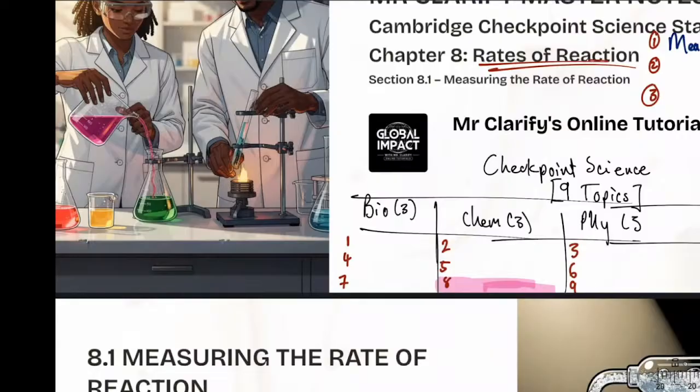Then the second thing is what effect does surface area have on rate? The second section is how does the rate change when you change the surface area? Then the third and final thing is how does temperature affect rate?